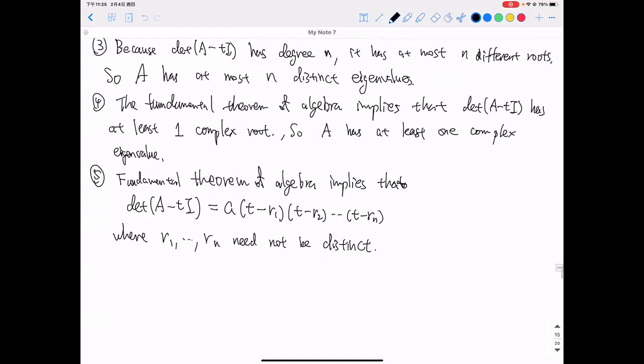Like I said, these numbers r1 through rn, these roots, need not be distinct.